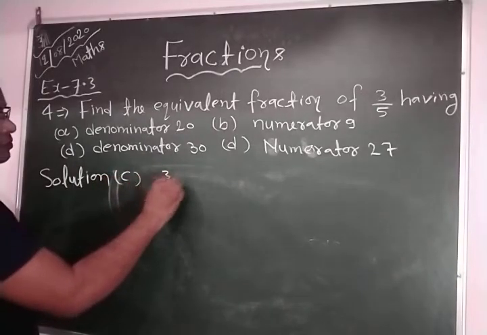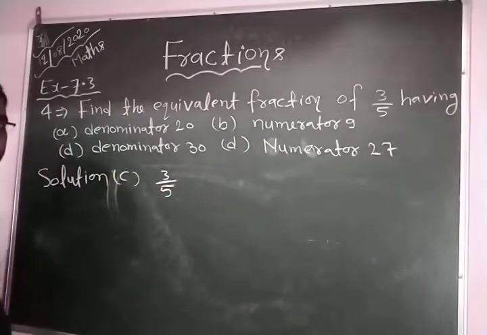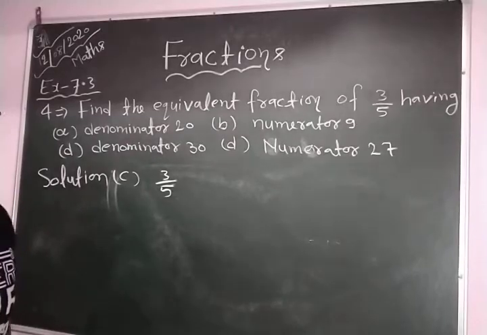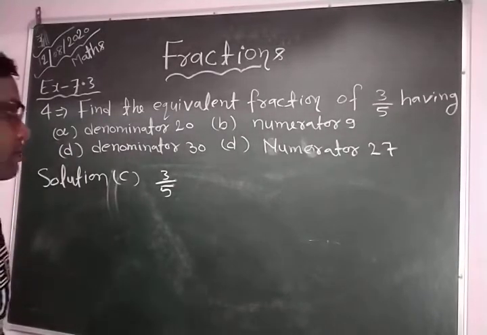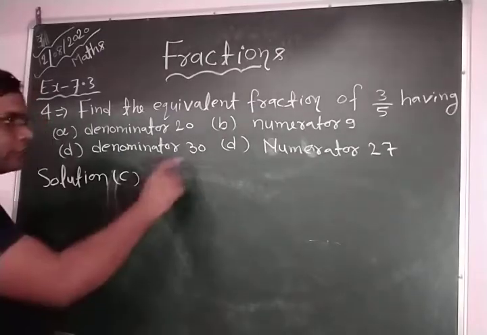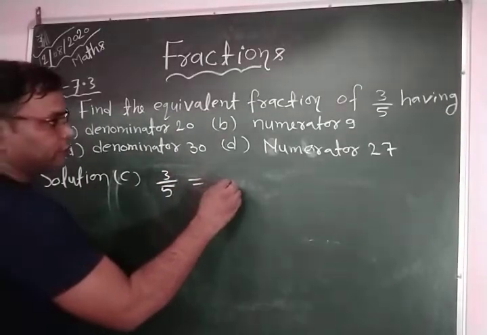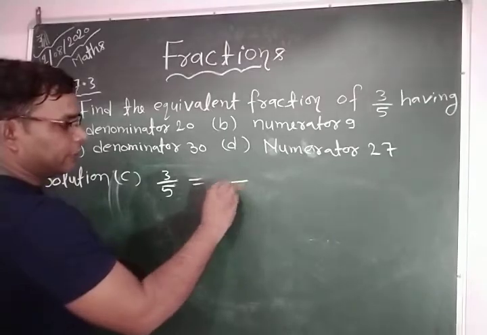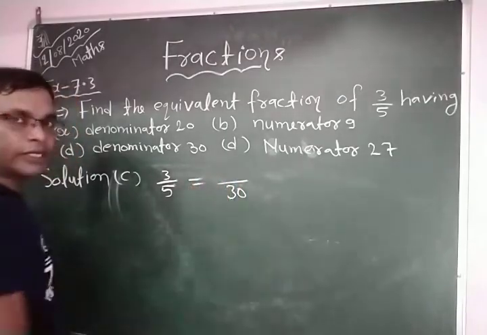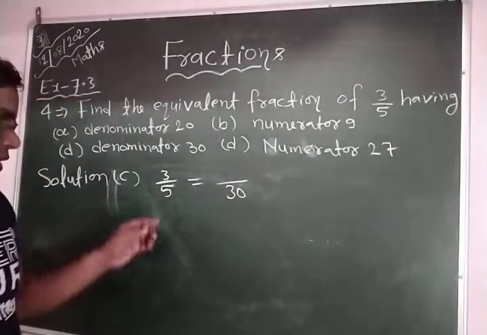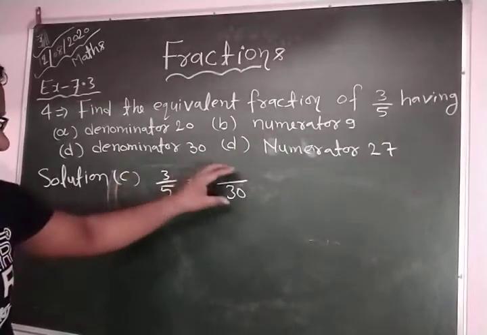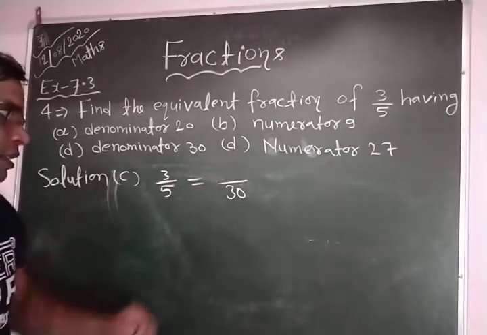Our given fraction is 3 by 5. We find the equivalent fraction of 3 by 5 whose denominator is 30. Here the denominator is given as 30. We find its numerator. So 3 by 5 and this fraction are equivalent.